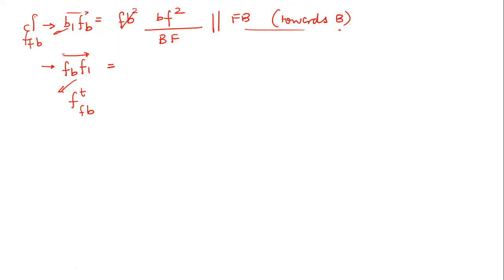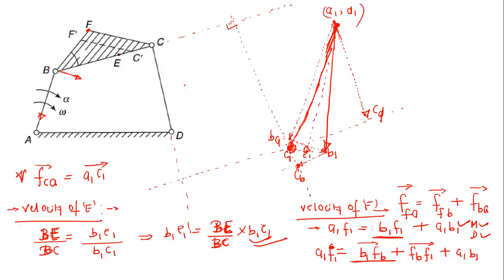Is it possible to calculate this FB F1 vector? We don't have the magnitude, but we have the direction. So one way is that you form two vector equations.